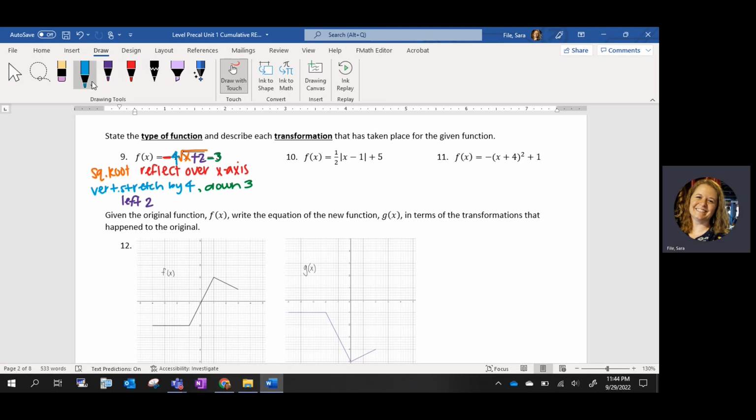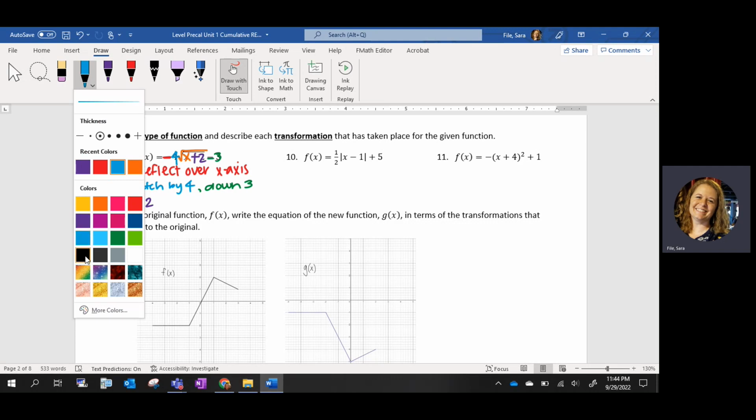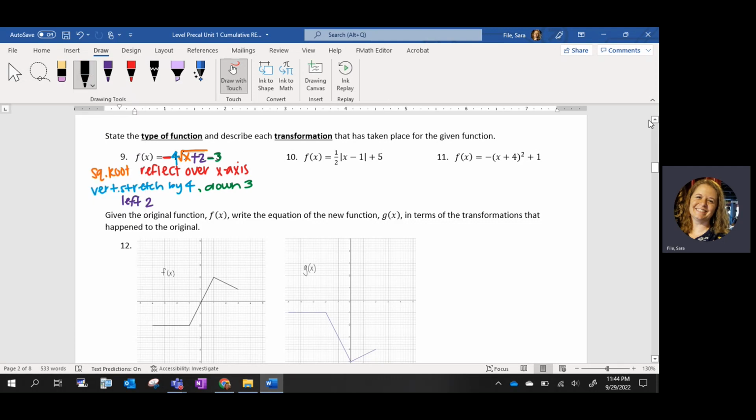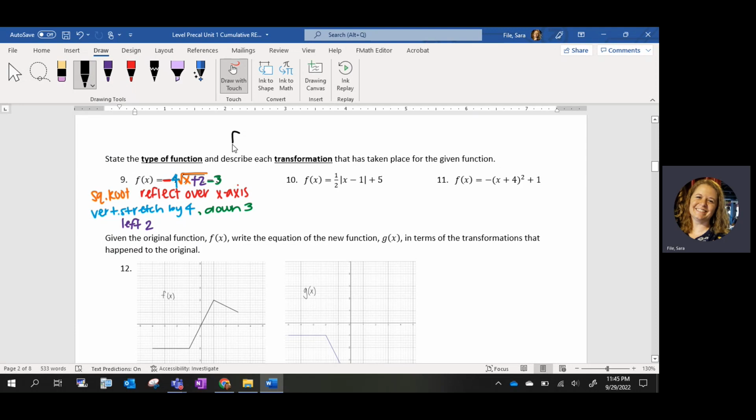So I'll put a little reminder up here above this section that whatever function you have, I'm just going to call it f of x. What you multiply by on the outside we refer to as your a, and that a can be positive or negative. If it's positive, no reflection.